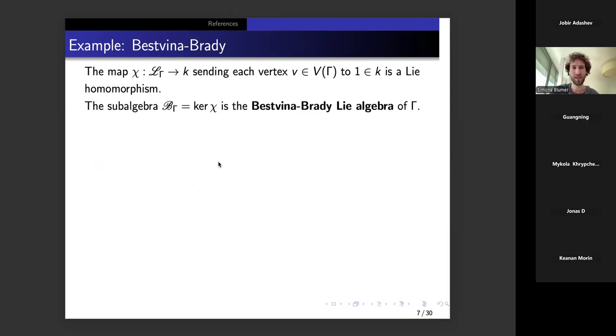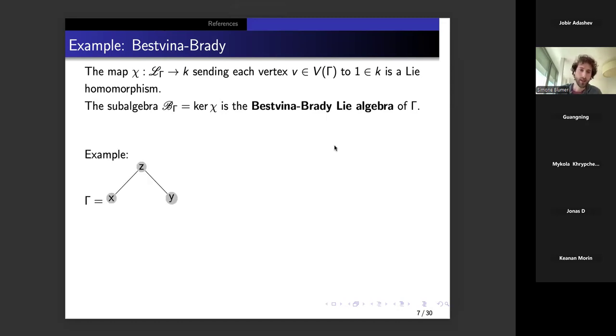They are ill-behaved, I would say, and they are defined as in the group theoretic case as some specific ideals of the right-angled Artin Lie algebra. So given a RAAG Lie algebra L gamma, you can send each vertex to the element 1 of the field, viewing the field as an abelian Lie algebra. And then the kernel of the induced homomorphism is called the Bestvina-Brady Lie algebra of the graph.